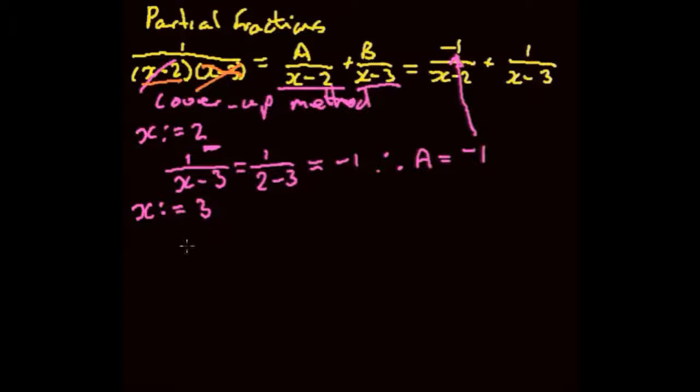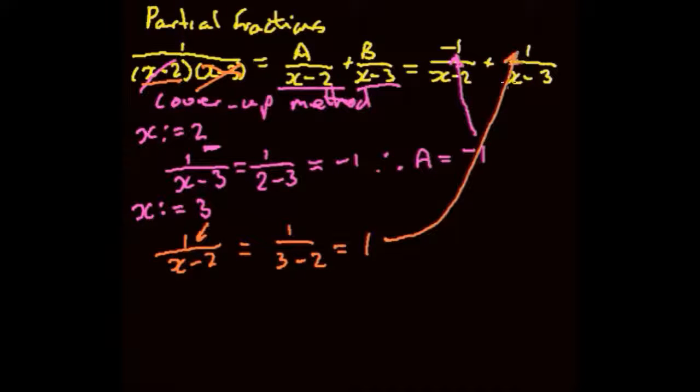That in effect gives us 1 over x minus 2, because I've covered up the right hand term, and with x equaling 3, that equals 1 over 3 minus 2, which equals 1. Therefore b equals 1.